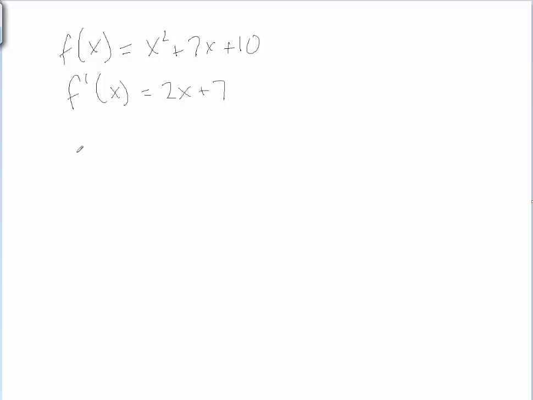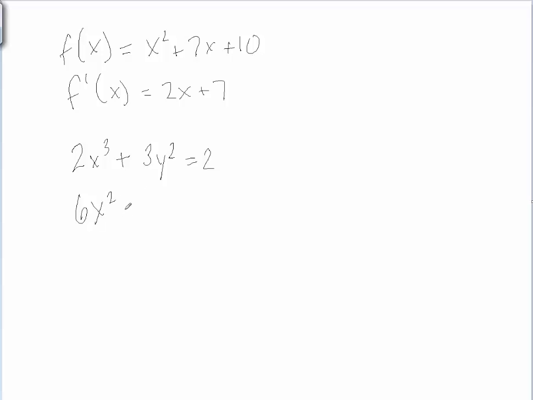But now if we get something, let's do something easy. Now we've got two variables, and I want to differentiate this with respect to x.